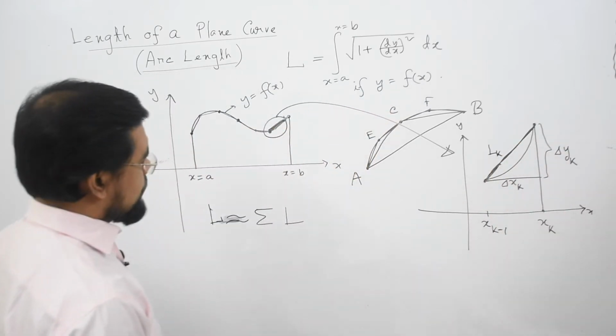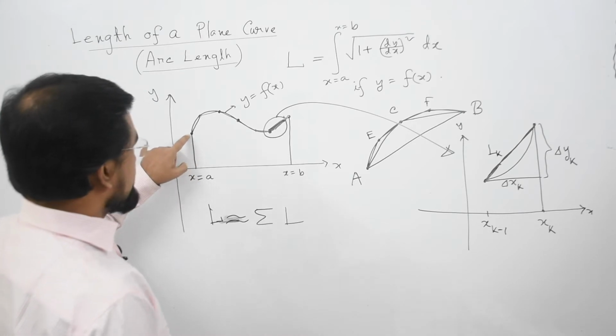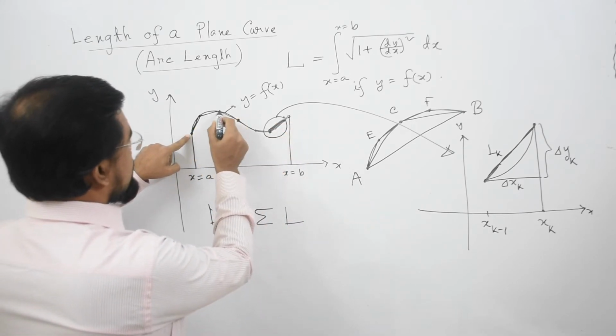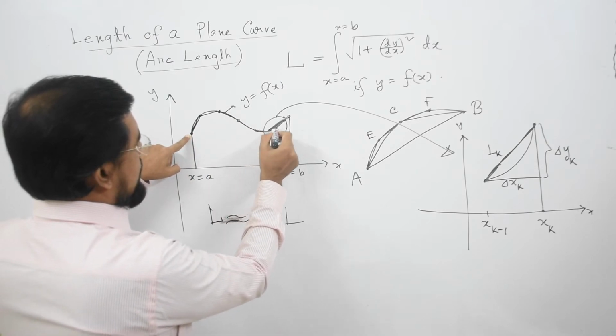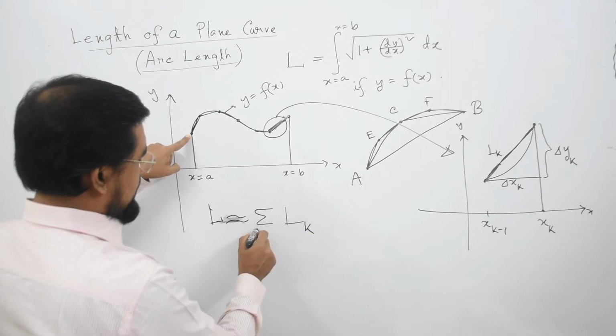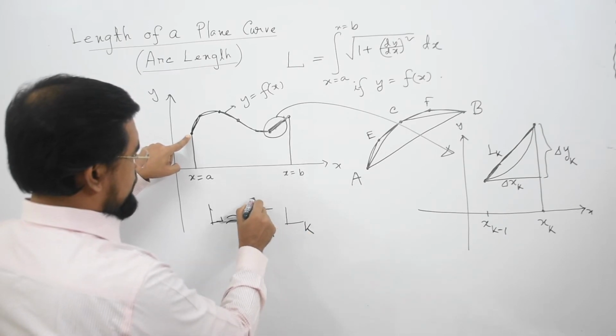So the total arc length from here to here will be the sum of all these small line segments L k, with k equal to 1 to n.